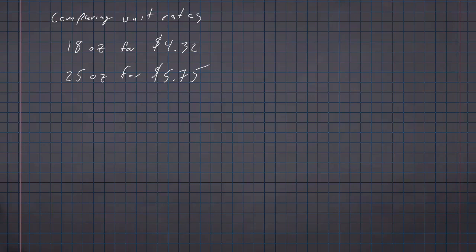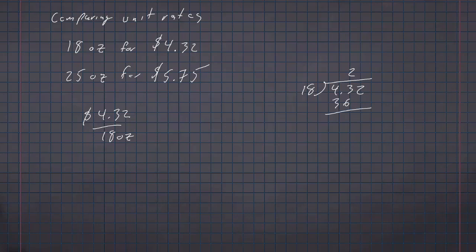If we compare cost per ounce, let's see, 18 will fit into 43 twice. 2 times 18 is 36. Subtract that off, and we have 7. Drop down to 2. 18 fits into 72.